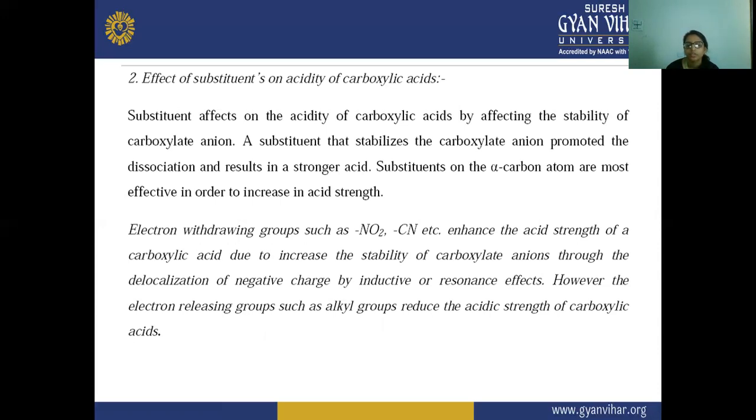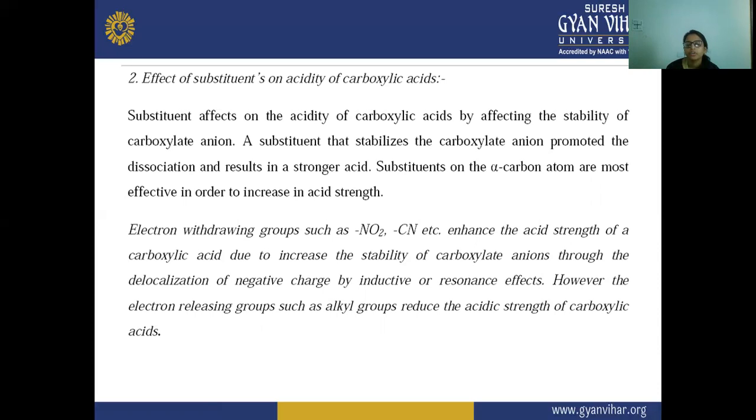However, electron releasing groups such as alkyl groups reduce the acidic strength of the carboxylic acid, because they are electron releasing groups.